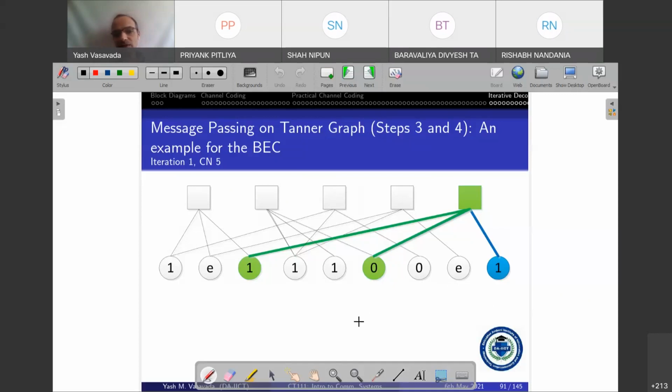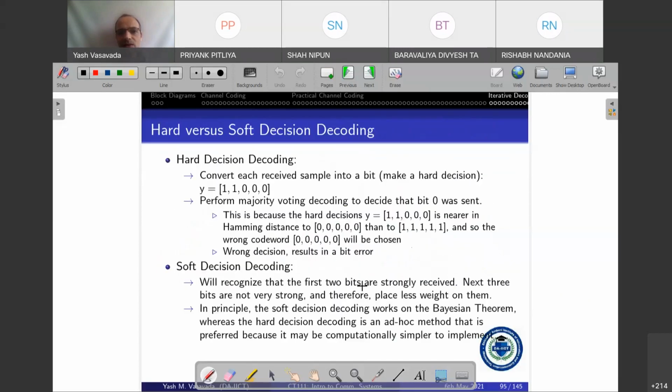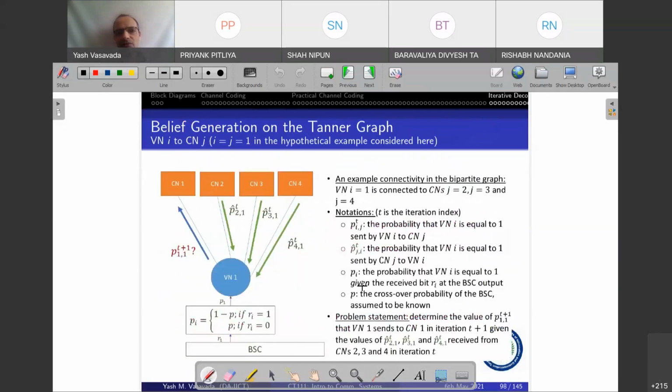And then beneath that, there will be variable nodes, which also will be connected to the check nodes and so on. So what we are looking at on this graph, this type of very localized view, is actually part of a much larger picture that you would probably want to have in your mind.